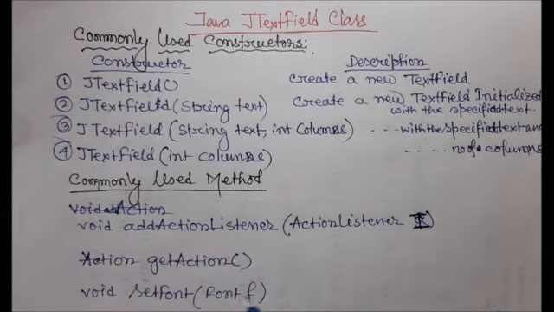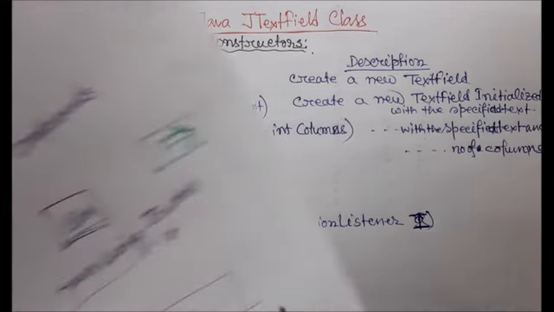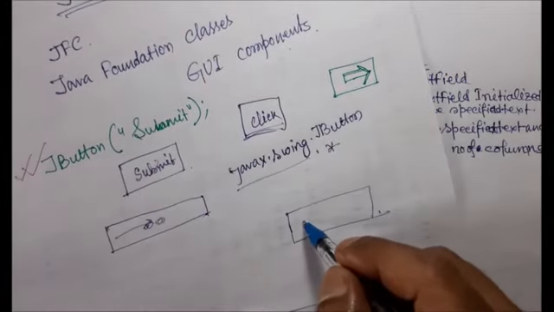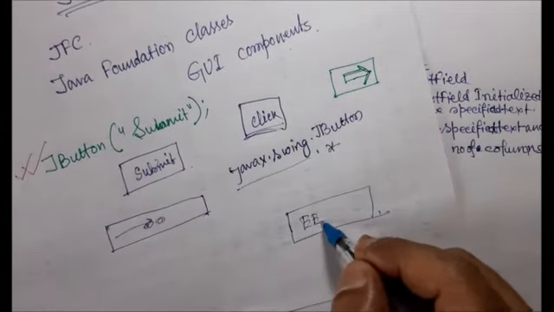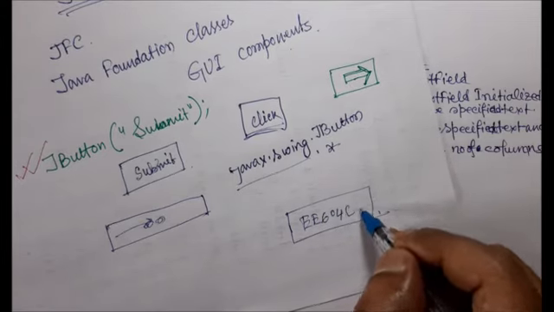The second one is also frequently used: JTextField with a string text. We will see it with an example also. If I already specify some string, then when the window is shown, it will show some text in my text field.